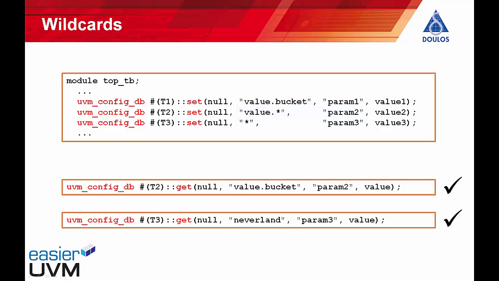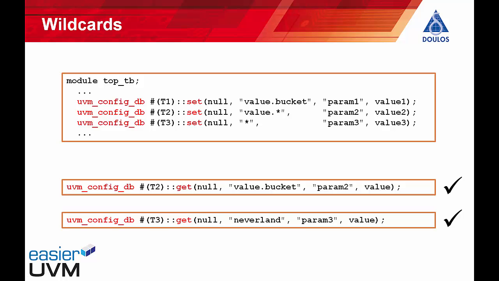In the bottom line, when we try to retrieve param3 from Neverland, that call to get is going to match as well because Neverland is going to match our wildcard scope star made when we set the param3 into the configuration database. So when you're setting parameters in the configuration database in UVM, you can set parameters to apply simultaneously to more than one component, or indeed to every component in the UVM component hierarchy.